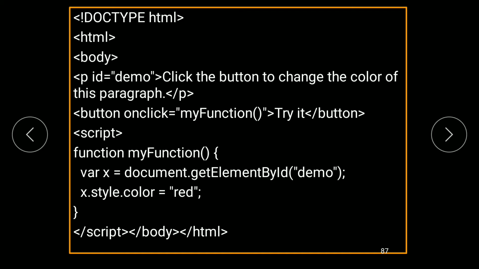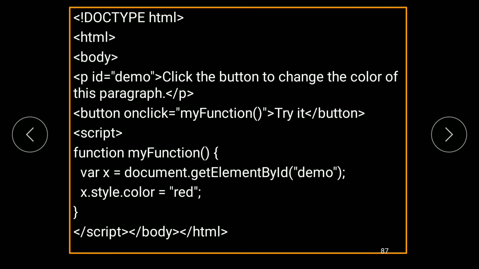And in that event I am going to call one function, whose name is myFunction, with opening and closing brackets. These concepts I already discussed with you, students: what is a function, how to declare functions, and how to write them. So in that I write here try it. This is a different syntax. You can write input type equal to button, and in the value you can write the text also, right, student? You can use this method, and you can also use the other method which we already discussed.